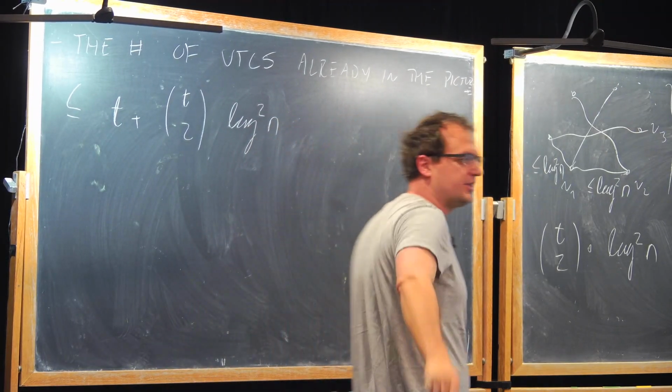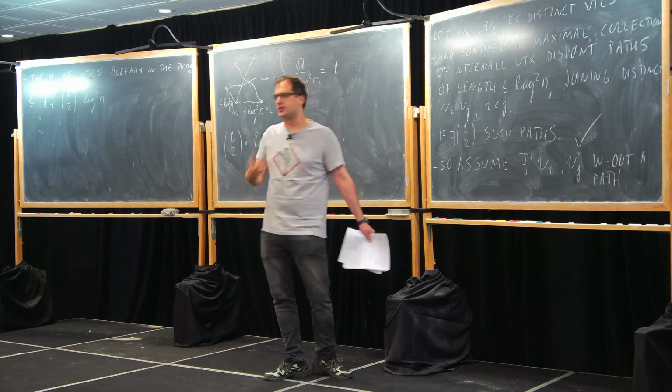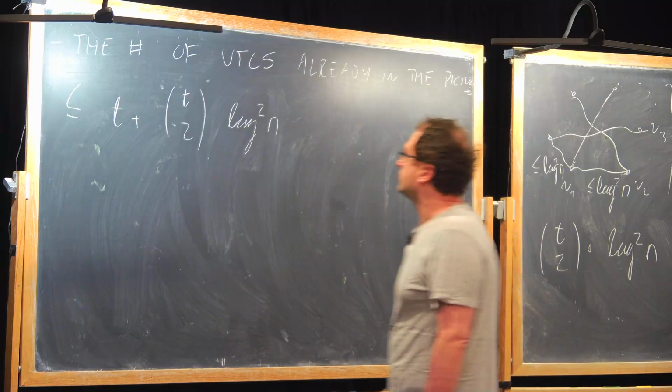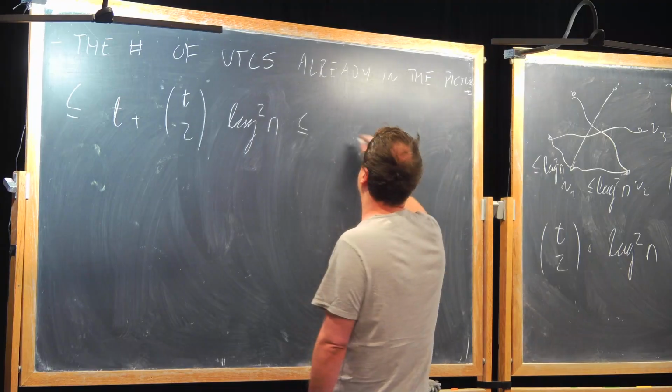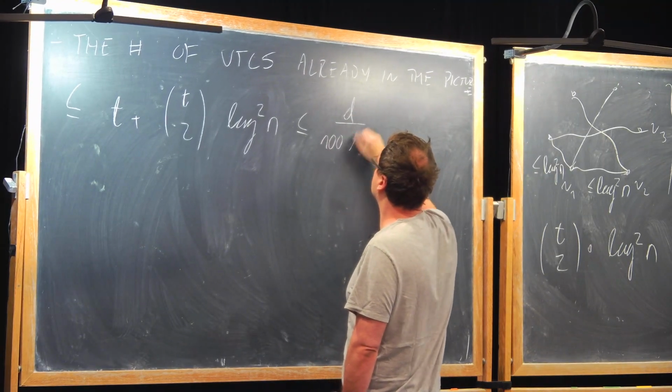Right, so that's the computation we did there. You have up to t, actually minus 1 you can get if you want because you're missing 1, but we are being wasteful anyway everywhere. So, and this is at most, what did I put there? d over 100 log squared n.